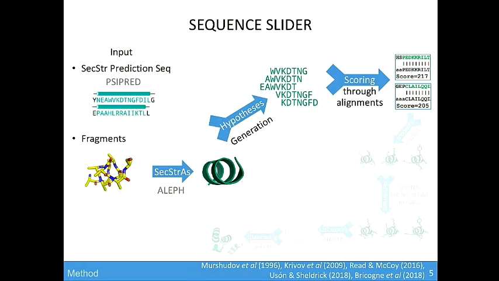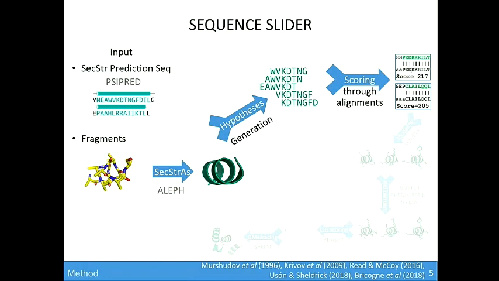We applied such a strategy in LMTC, so this is the workflow. We have the secondary structure prediction. We usually calculate it with PsiPred. We have this secondary structure assignment with Aleph. We generate all of the hypotheses. In this case, we align those 2 pieces of information to also filter and reduce the number of possibilities.